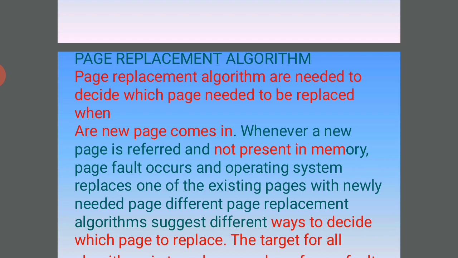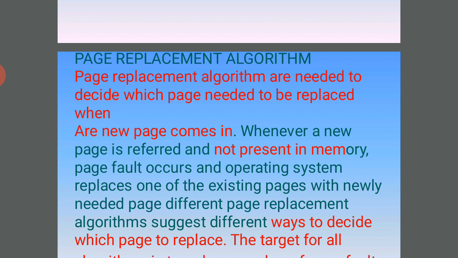Whenever a new page is referred to and is not present in memory, a page fault occurs and the operating system replaces one of the existing pages with the newly needed page. Different page replacement algorithms suggest different ways to decide which page to replace. The target for all algorithms is to reduce the number of page faults.